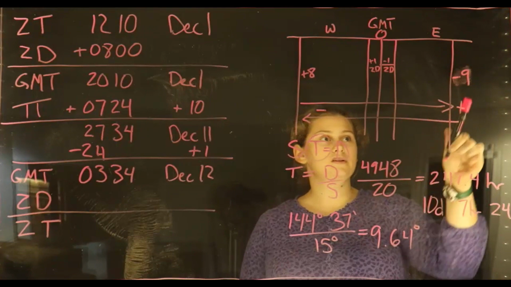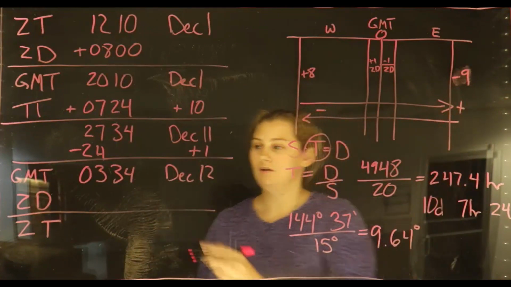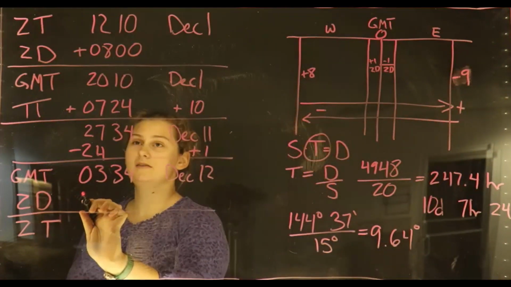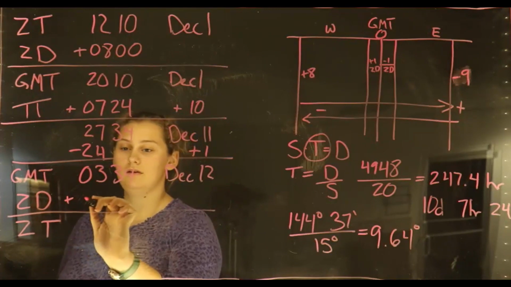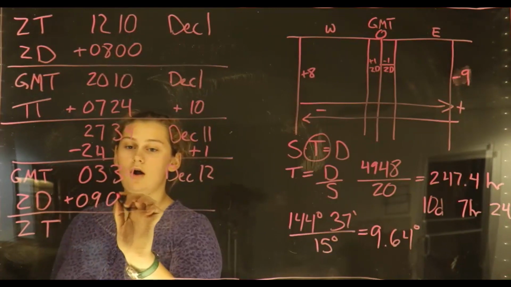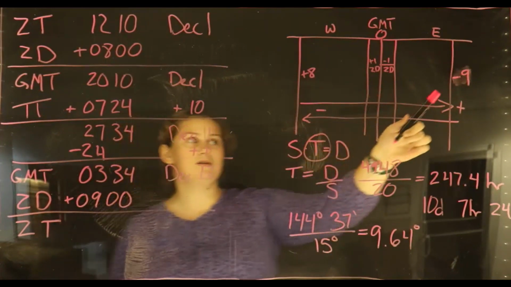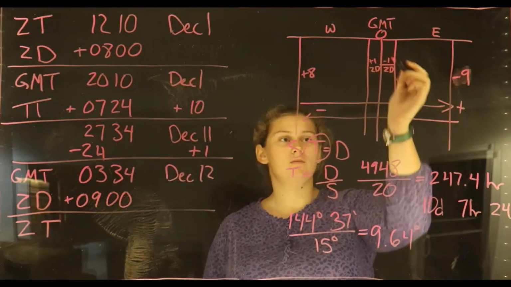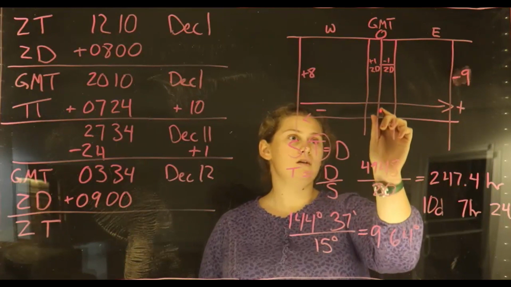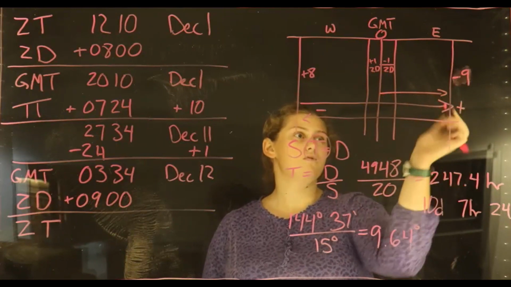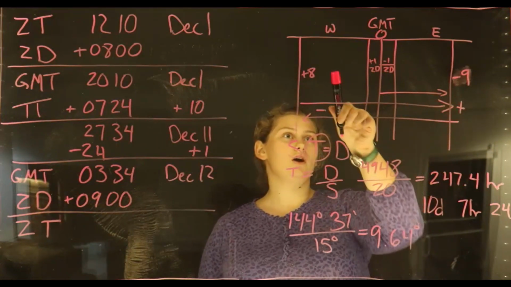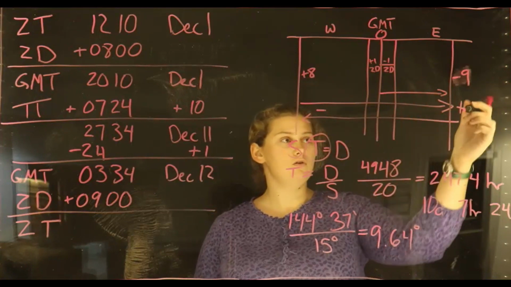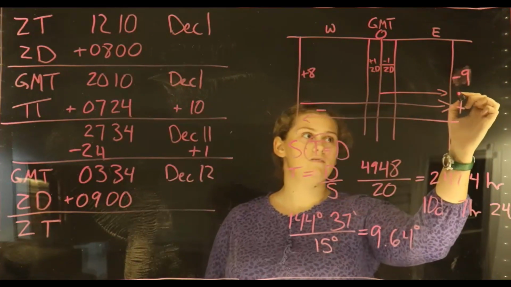So let's go ahead and plug this over here. But it is not minus, it is +9, even though our zone description is -9. So we are going from GMT back to zone time, so we are going in this direction. Remember earlier, if we are going this direction at all, we are positive.